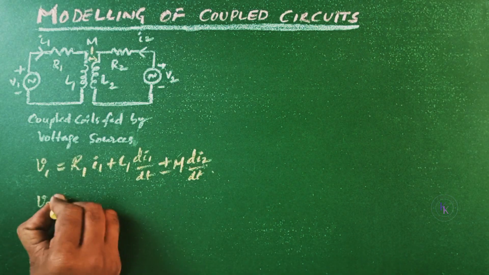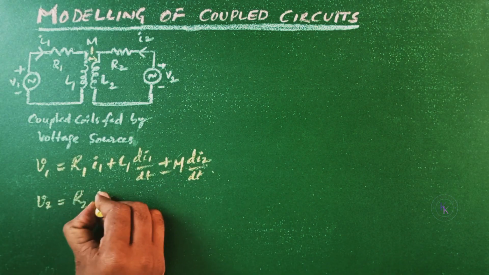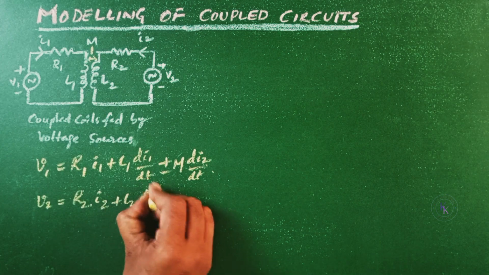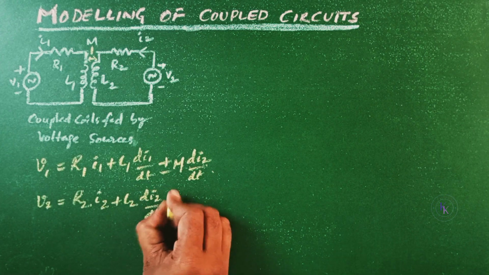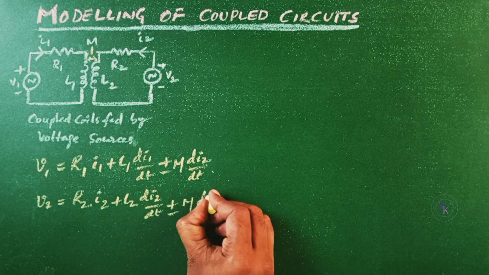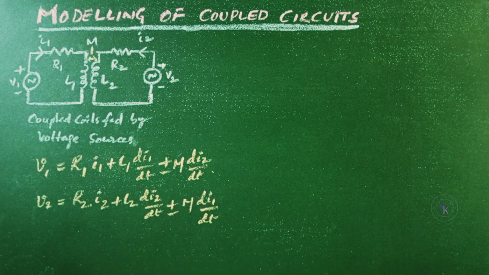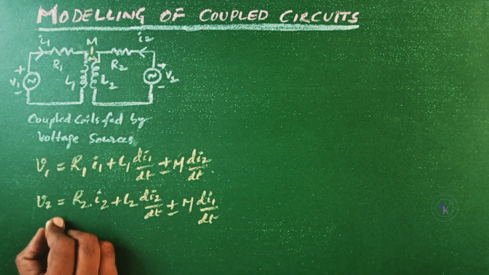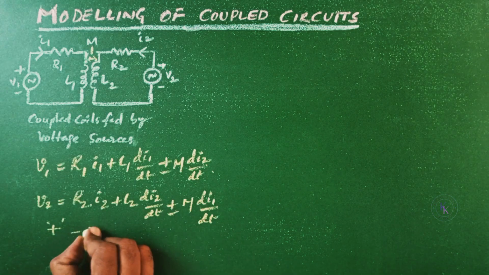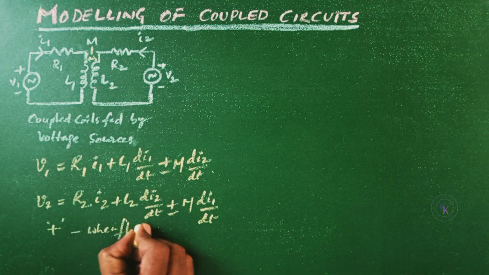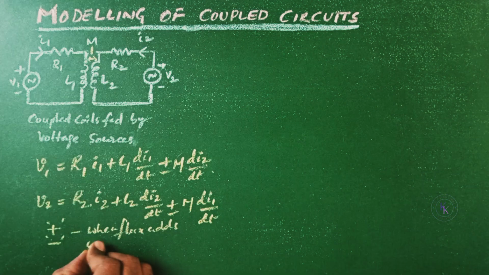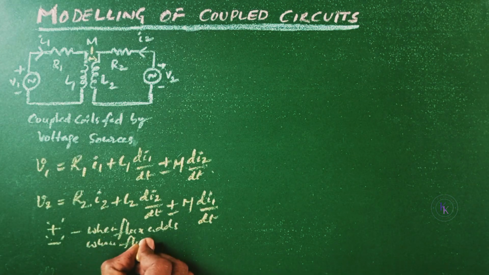Similarly, V2 equals R2 I2 plus L2 dI2 by dt plus or minus M dI1 by dt, where in the above equations plus is when flux acts, negative when flux opposes.